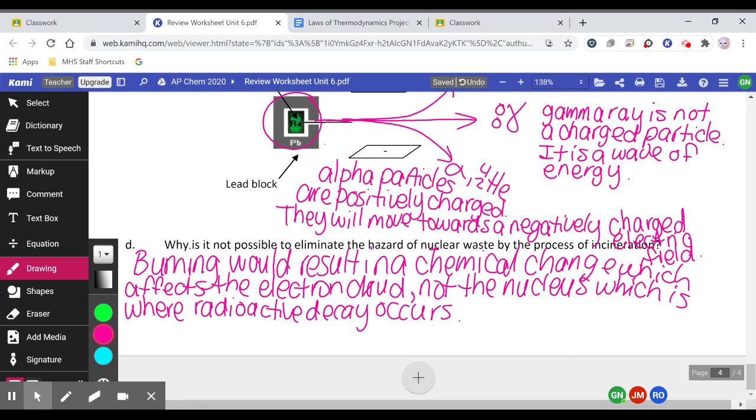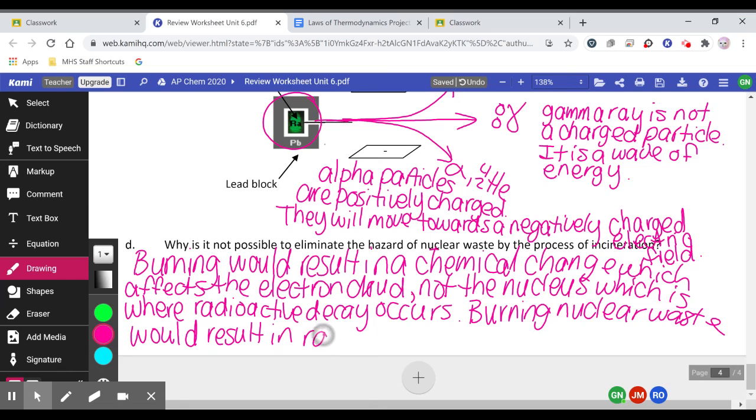Okay, and so if we burn the nuclear waste, it would result in radioactive smoke.